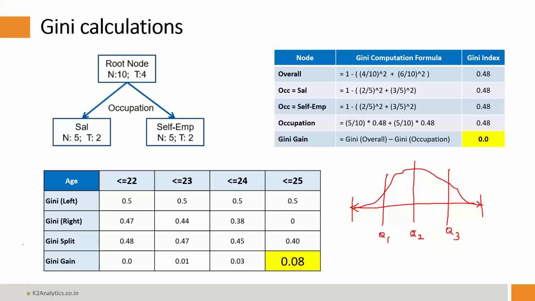And with Q1, Q2, Q3 less than, greater than, I create 3 calculations of Gini gain and see where I get better Gini gain. Assuming the Gini gain for Q1 is the best compared to Q2 and Q3, in that case, it is very clear the optimal split is in this half.